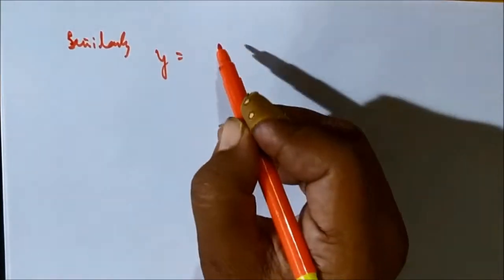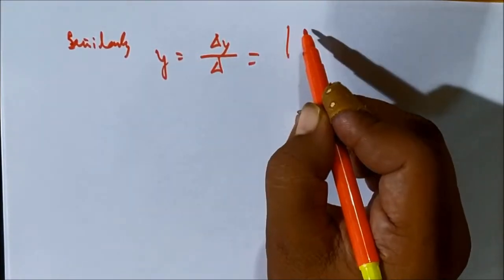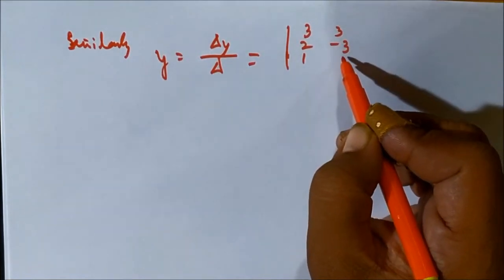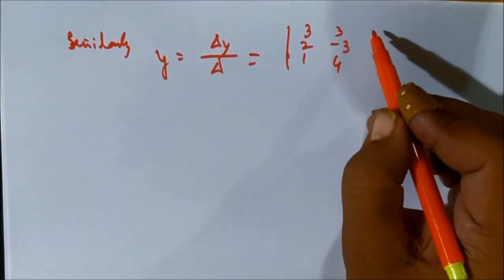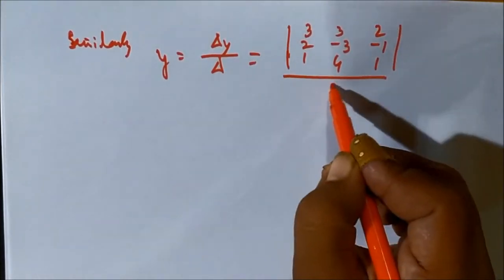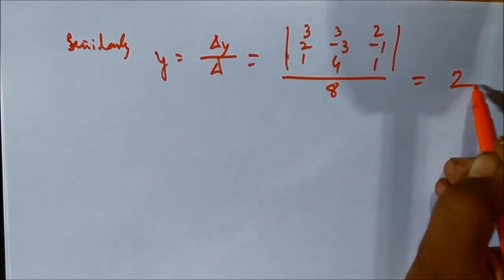Y equals delta y by delta: the determinant 3 2 1, 3 minus 3 4, 2 minus 1 1, divided by 8, and this becomes 2.